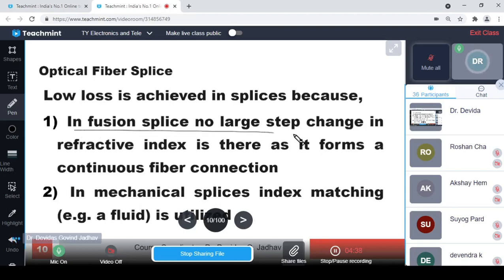In fusion splicing, no large step index is there because the fused material becomes a continuous material. In mechanical splicing, there is an air gap which causes losses, Fresnel losses, that can be avoided by index matching, that is, by filling the gap with index matched fluid.